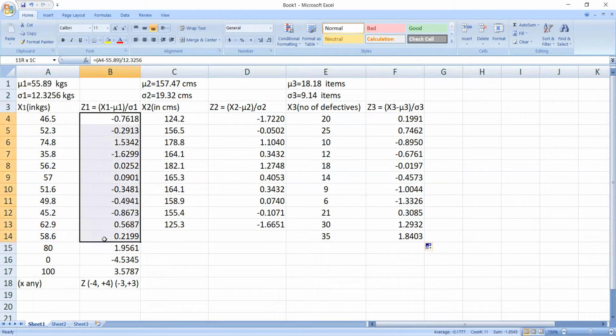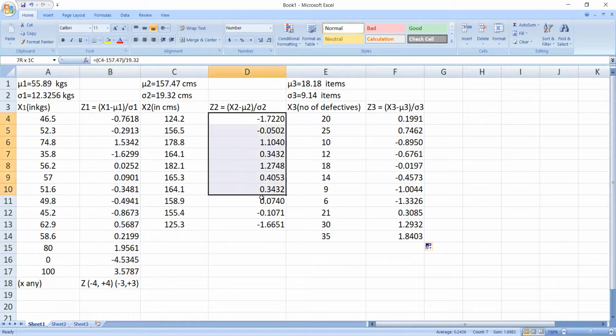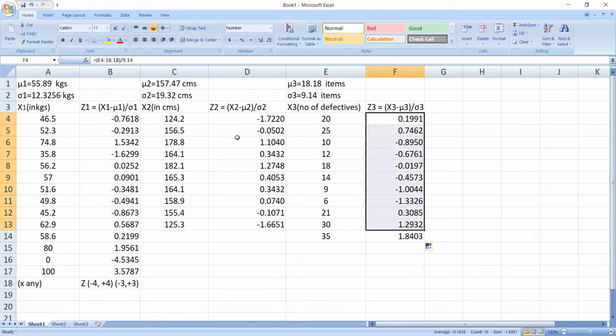And if you look into this z, it is the same for all x. So whether your x is in kgs, whether your x is in centimeters, whether your x is defectives or any other variable, once you convert that x into z, where z is defined as x minus mu by sigma, your z is the same. And if you look into the unit of z, there is no unit.